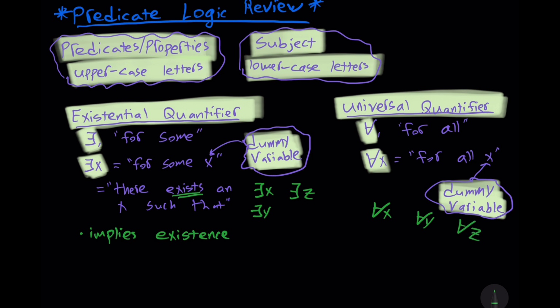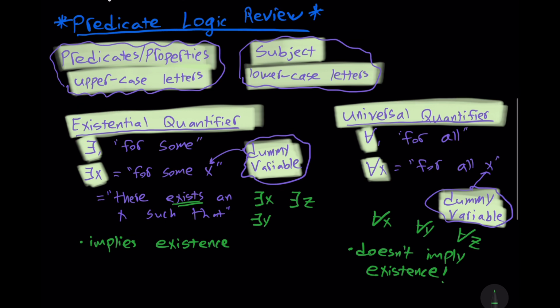But the universal quantifier doesn't imply existence. That's important to note. The existential quantifier implies that some x does in fact exist, but the universal quantifier doesn't imply that x in fact exists.